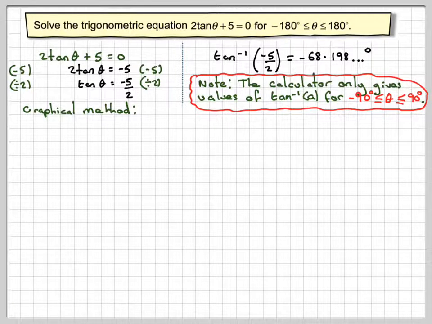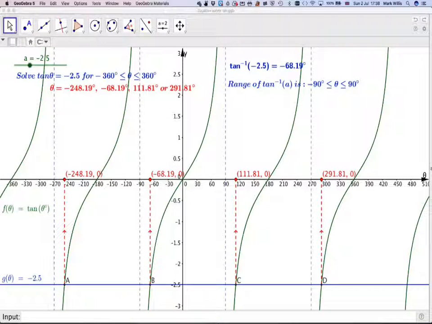So here I'm going to my applet, which again I will put into the notes of this video, so you can use it if you want to. So we've got here tan theta is equal to minus 2.5. Okay, and tan to the minus 1 of 2.5 is minus 68.19.